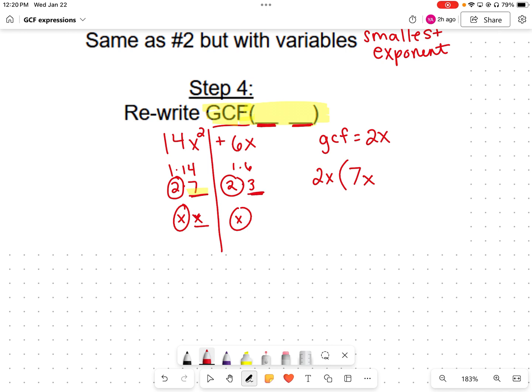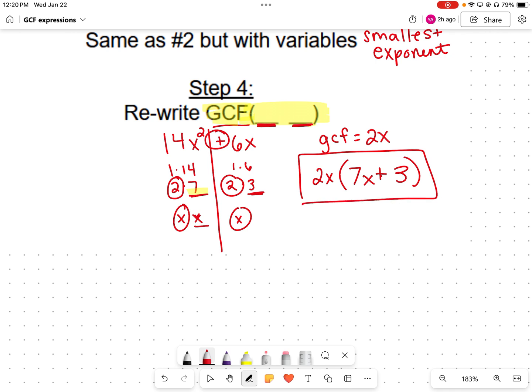It's 3. So I put 3 here. And then I look at the positive here, and then there's no negative out front. It's positive, so I'll put plus in between the 7x and the 3.